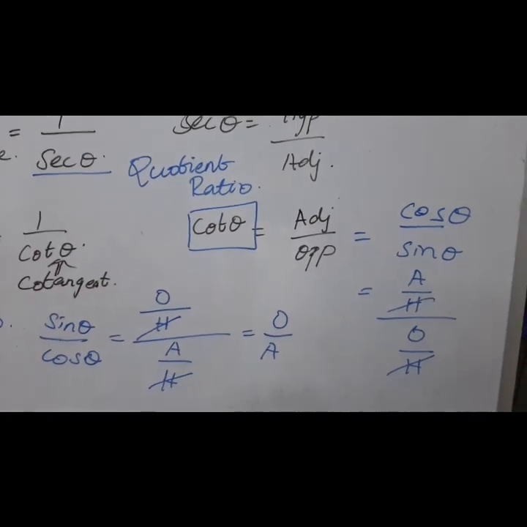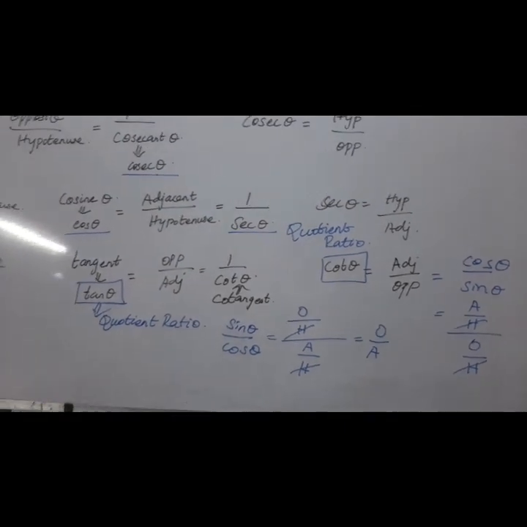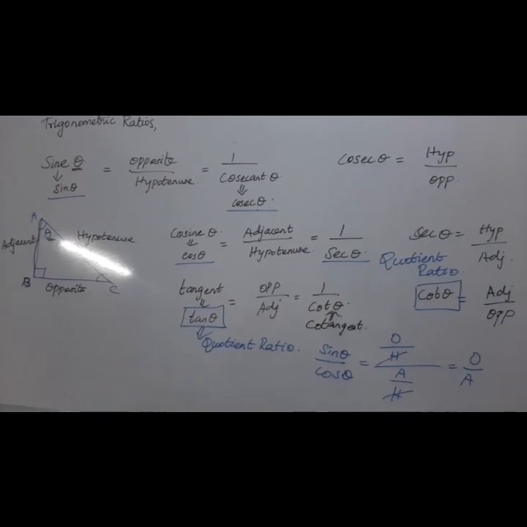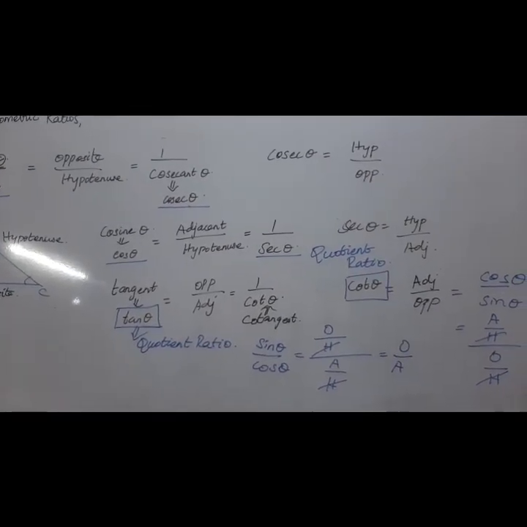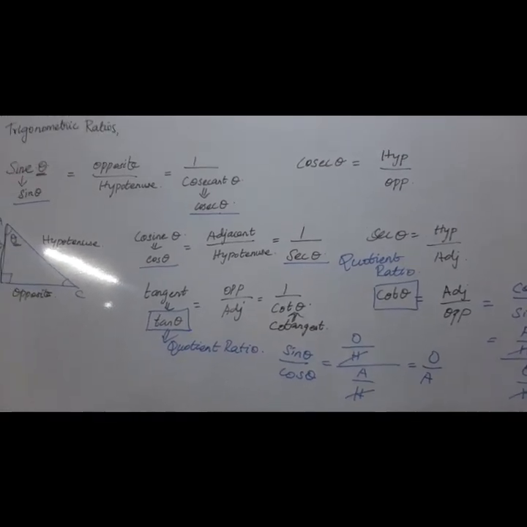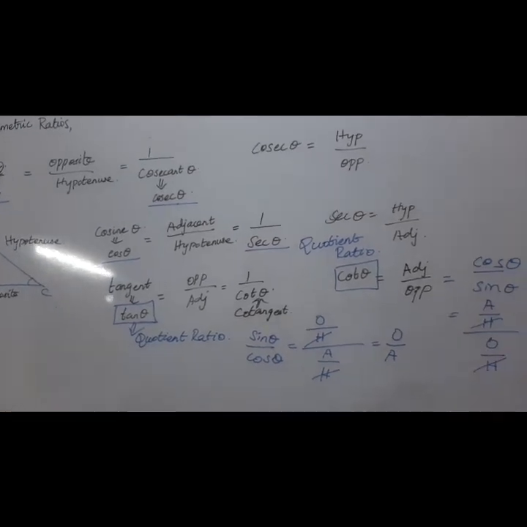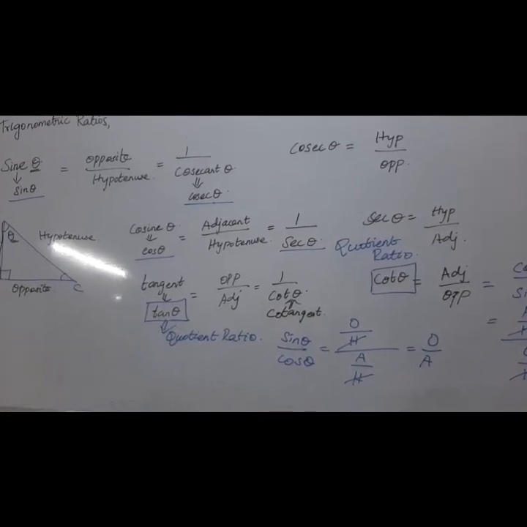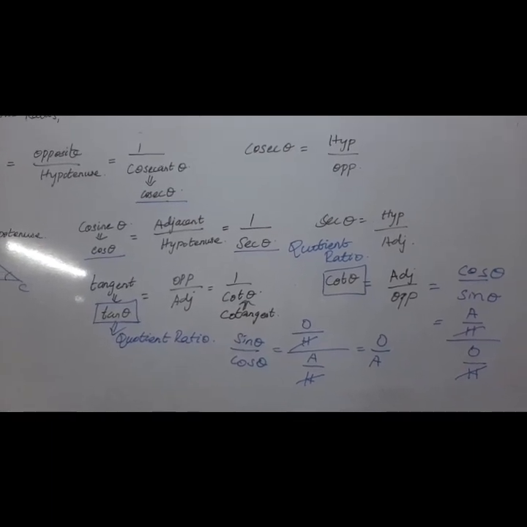So we have learned 6 ratios: sine, cosine, tangent, cosecant, secant and cot. All the ratios are defined as a ratio between two sides. Out of these 6 ratios, 3 are the reciprocal of the other 3.